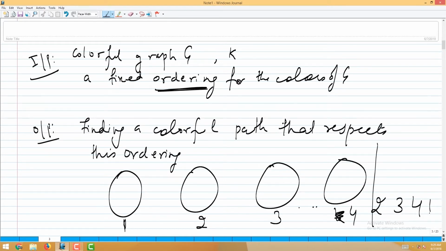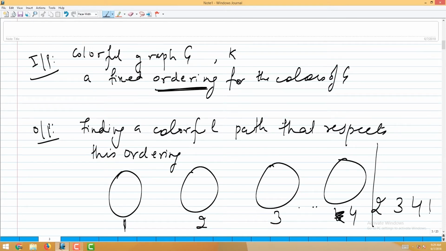So the problem that we are trying to solve is, is there a path in this graph whose first vertex comes from color class 2, second vertex comes from color class 3, third vertex comes from color class 4, and the last vertex comes from color class 1? That's the kind of path that we are looking for right now.